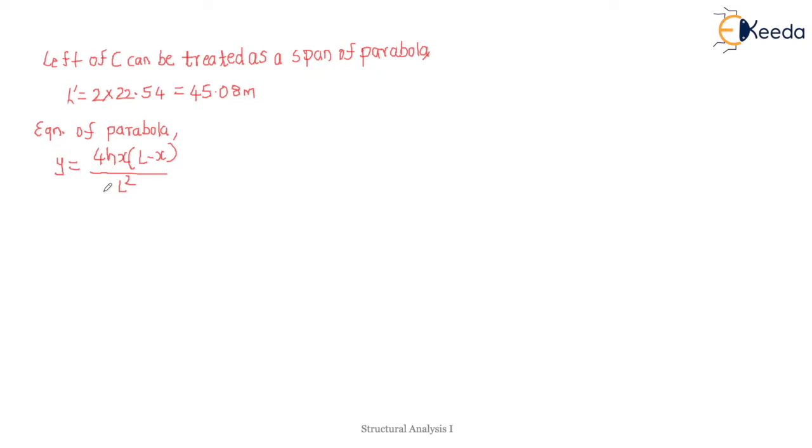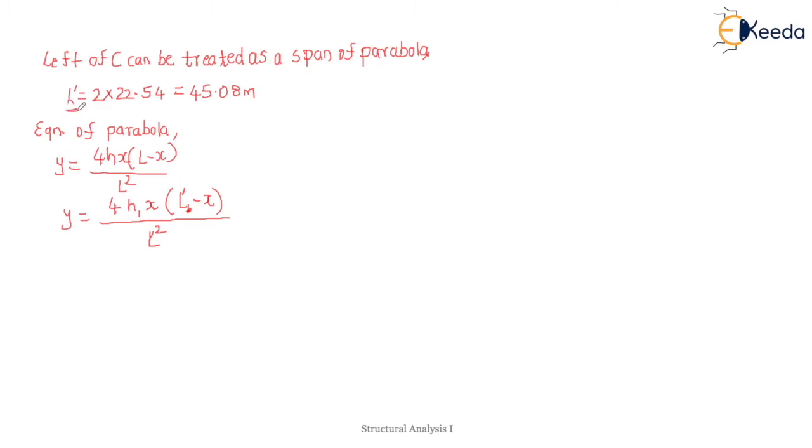But now our span is a new span, starting from the left support, so the updated equation will be 4 into h1 into x into L1 minus x divided by L dash square. Sorry, it's not L1, it is L dash, as we have assumed L dash as the new span.